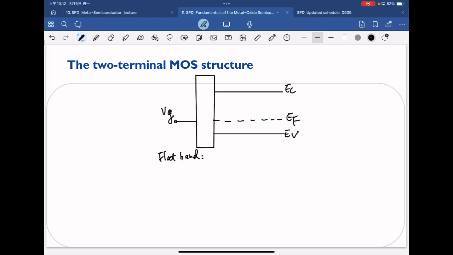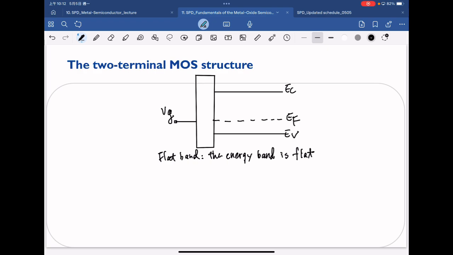So the flat band condition means that the energy band is flat in the band diagram in the whole system.